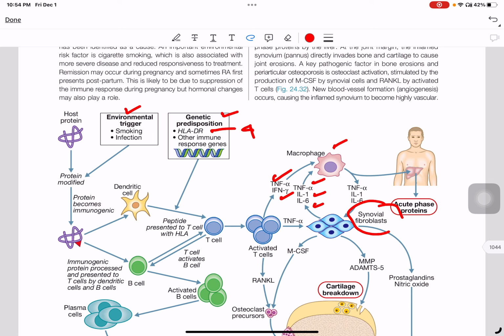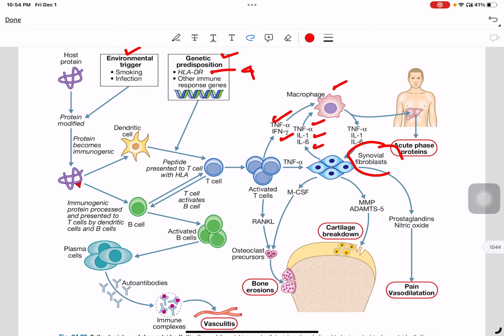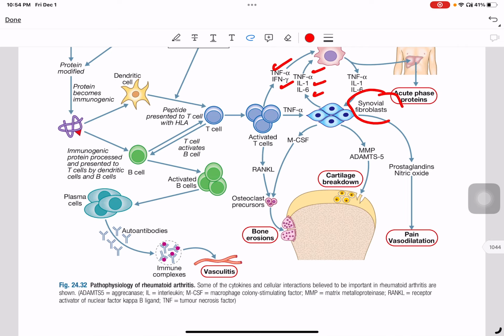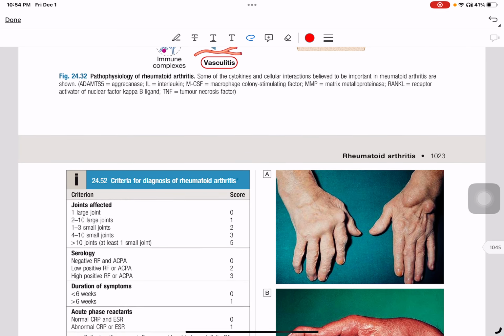And these factors again stimulate the macrophage. So there is inflammation in the synovial cartilage, and so there is bony destruction. This is the primary stage of involvement of the joint. This is the pathophysiology during the acute phase.